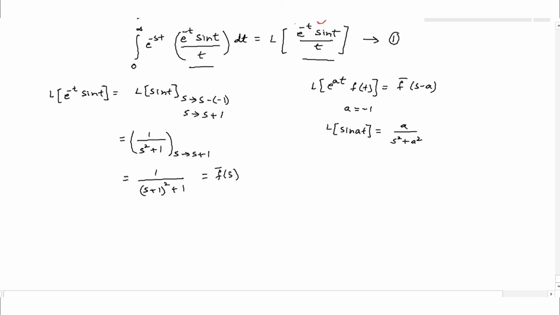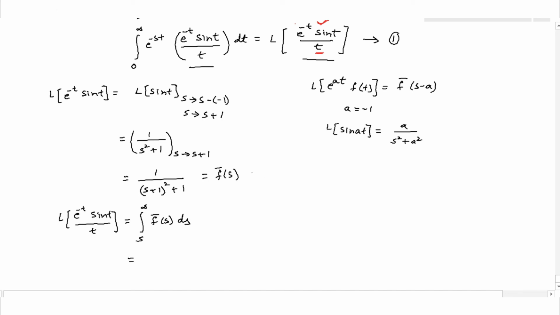Now we need to find the Laplace transform of e to the power minus t sin t divided by t, which is of the form Laplace transform of f of t by t. We know the formula: integral s to infinity f bar of s ds.